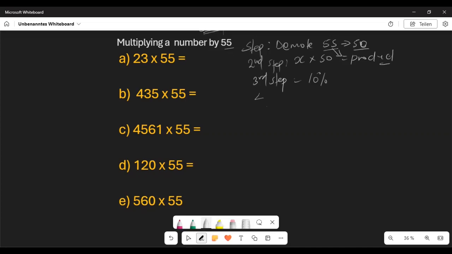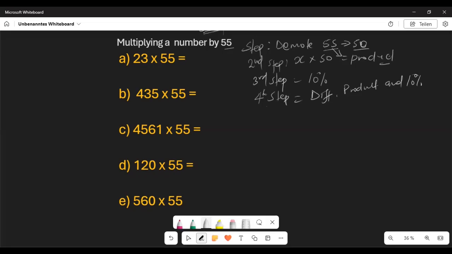And then the fourth step is to get the difference between the product and the 10% that we got. So that is going to be our focus. First, we reduce 55 to 50.